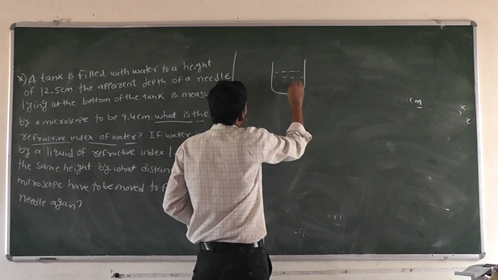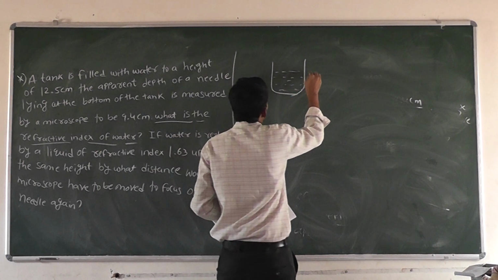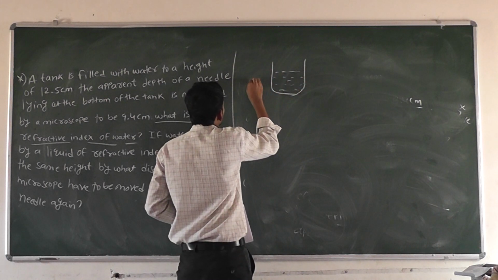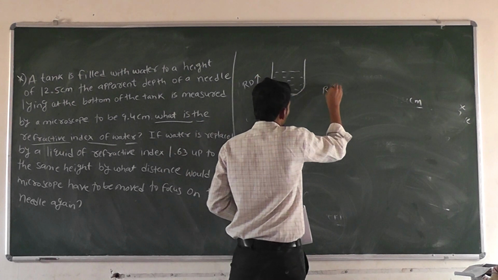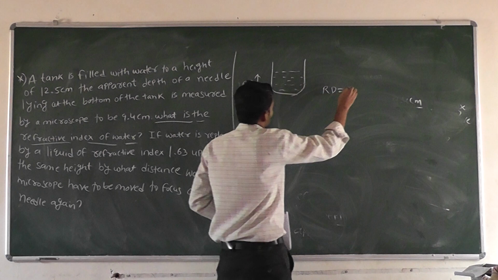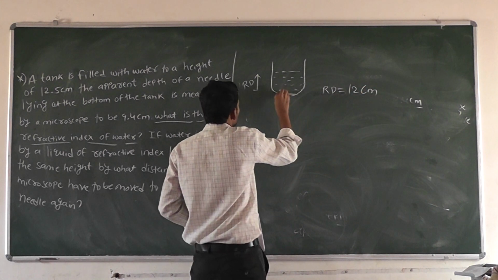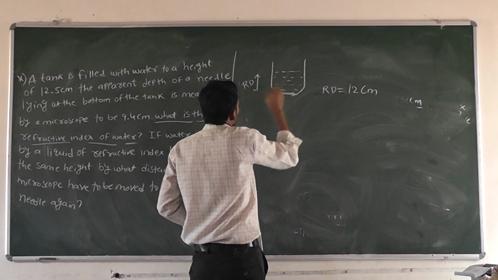So we are taking a tank. Inside the tank, we are filling water. The total height of the water is 12 centimeter, which means the real depth. RD indicates real depth. What is the real depth? Total 12 centimeter. And next we are placing a needle at the bottom of the tank.